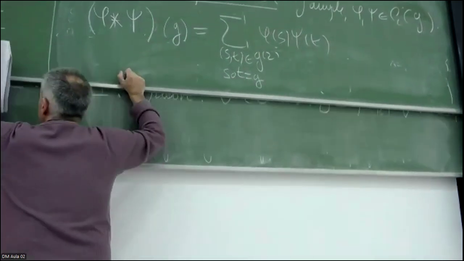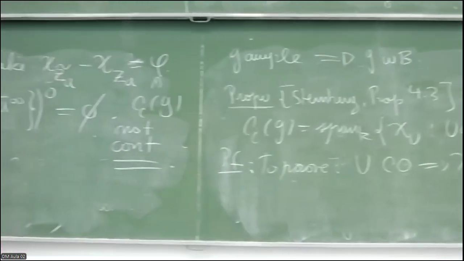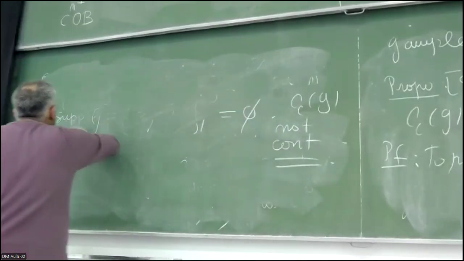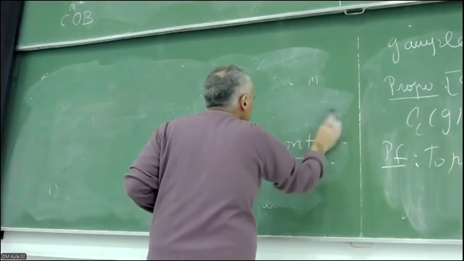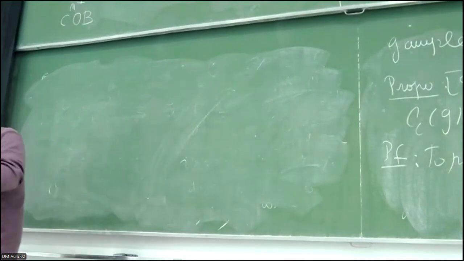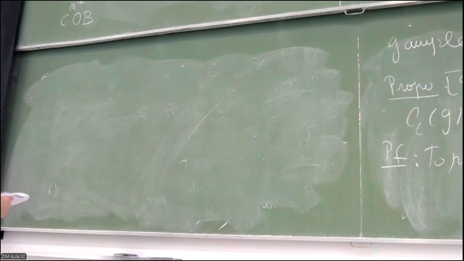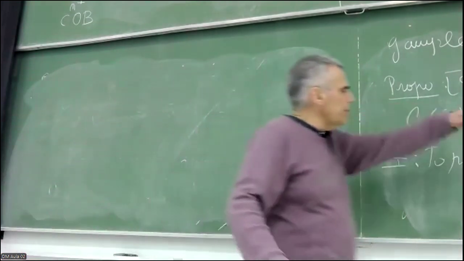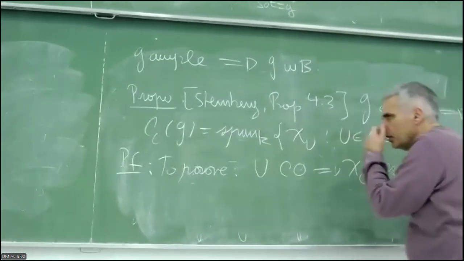But it is enough to show that the convolution of the characteristic functions of two cops is well defined, because then by distributivity, I get good definition for everything, because I'm using this proposition. So I just need to worry about the characteristic functions of the cops.